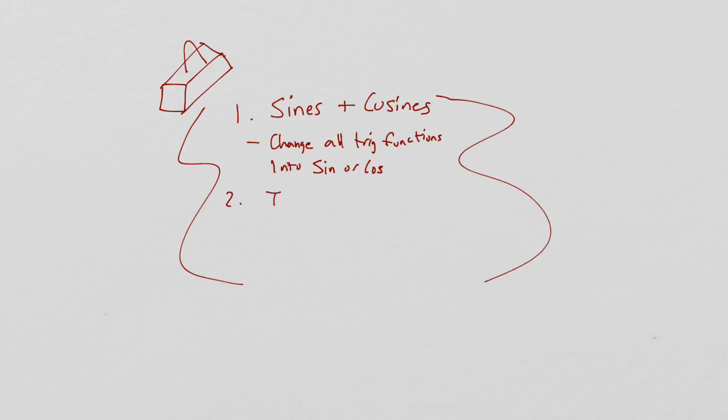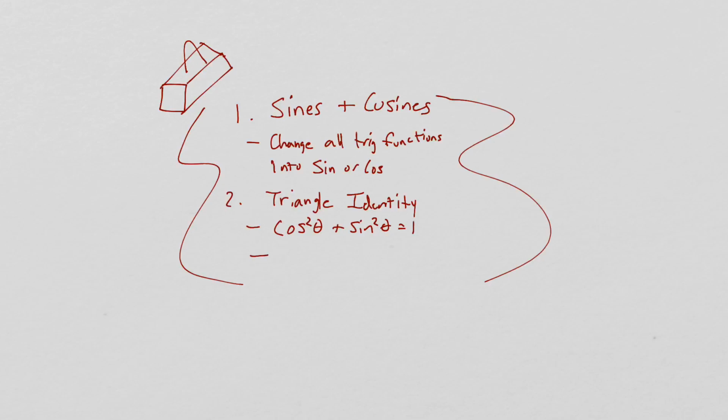Number 2 is our triangle identity. Remember from that, we took the cosine squared plus sine squared equals 1. And again, sometimes sine will be written first, sometimes cosine is written first. Either way, you have the same statement.